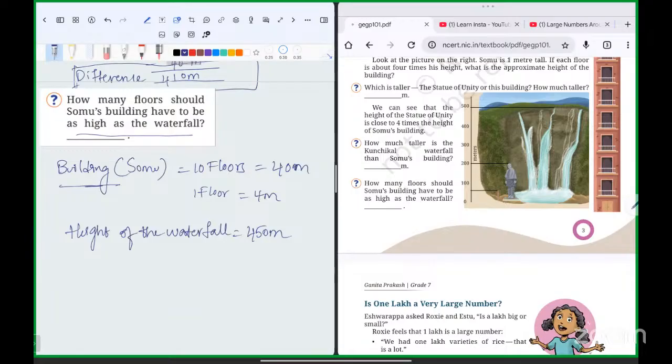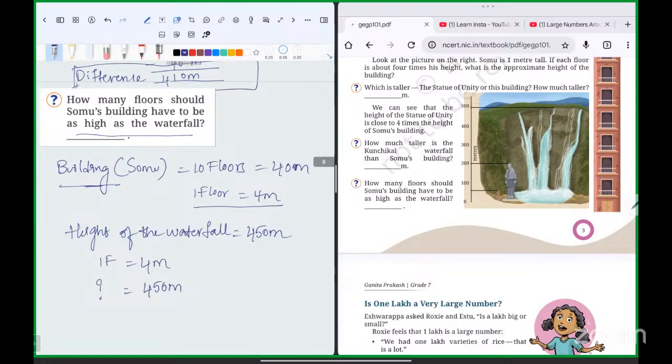So the number of floors required for Somo's building to be as high as the waterfall, that is the answer we need to find out. So single floor is equal to 4 meters. So how many floors must it be so that it is the height of the waterfall, which is 450 meters?